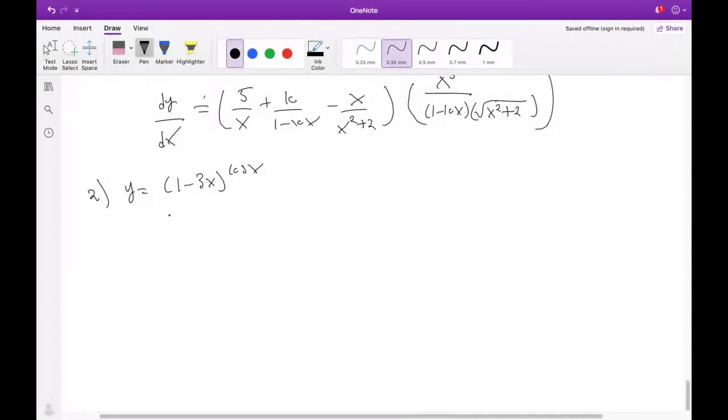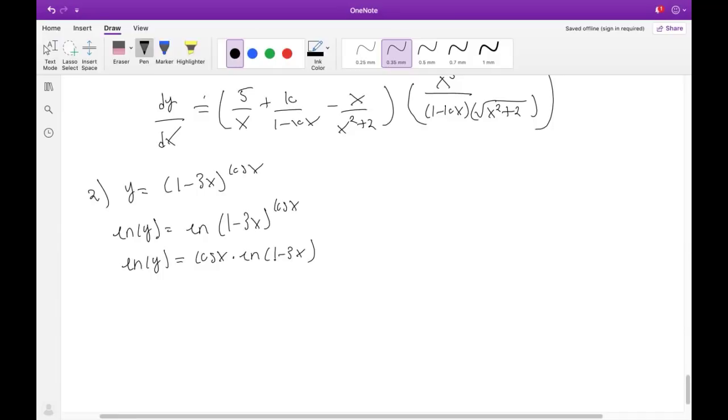Okay, so moving on to this problem, I'm going to do the same thing. I'll ln both sides. And then I'm going to do the same thing and apply that log property to move the cosine x to the front.